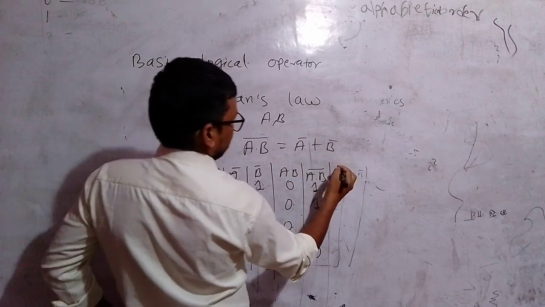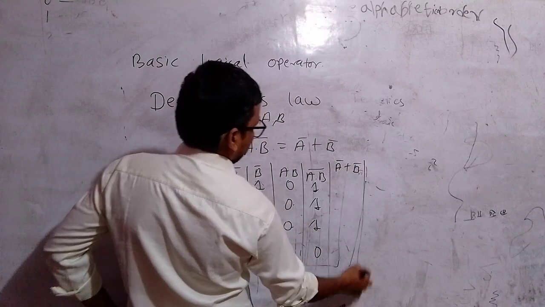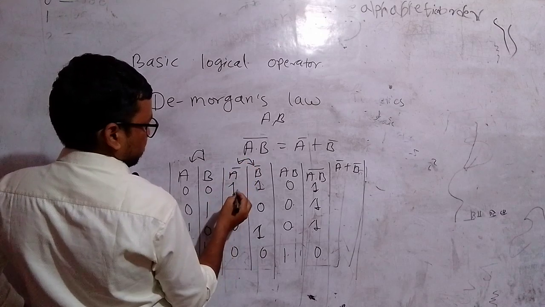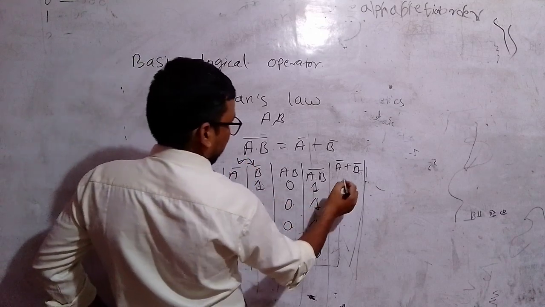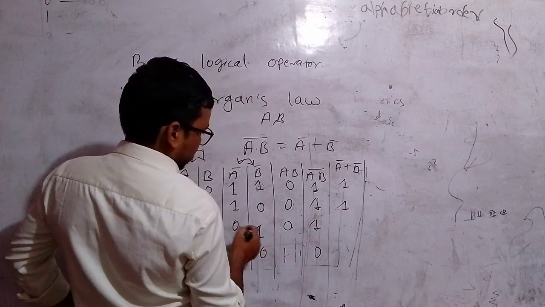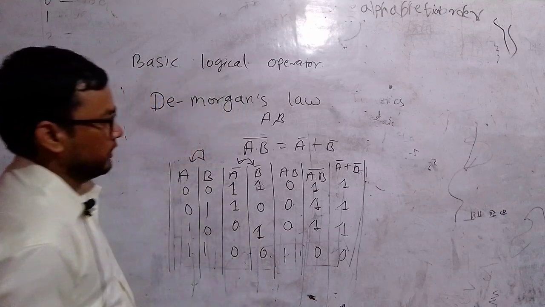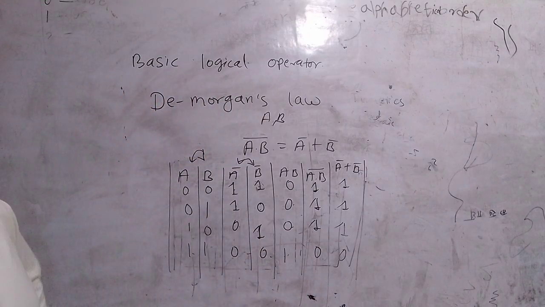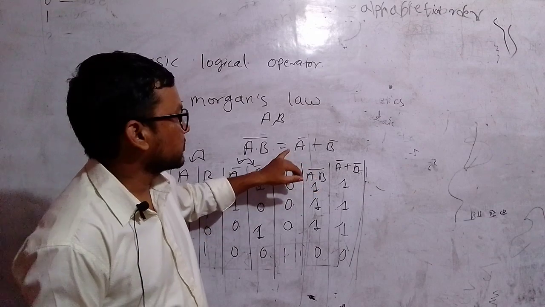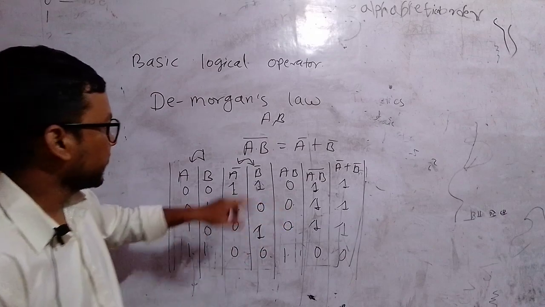Now here one more term is given, A complement plus B complement. Now the OR operation between these two expressions: 1 or 1 gives 1, 1 or 0 gives 1, 0 or 1 gives 1, 0 or 0 gives 0. Now let's see how this expression is verified using this table.